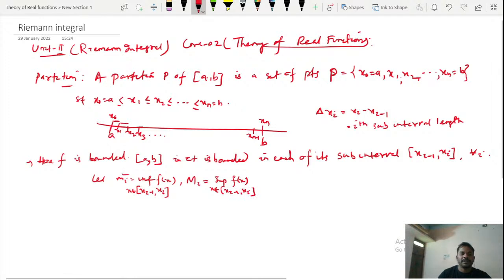So this is your small mi, the infimum of f(x) in the ith subinterval, and this is capital Mi, the supremum of f(x) in the ith subinterval.